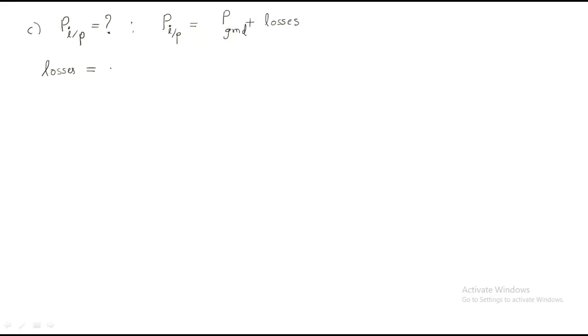Then we know the gross mechanical power developed, and how many types of losses are there? Mechanical losses, rotor losses and stator losses. We have three types of losses here.